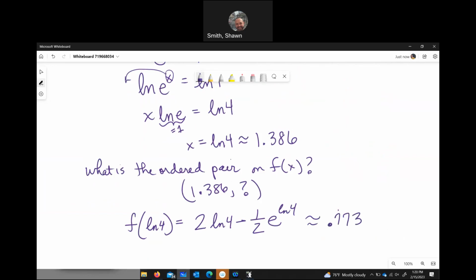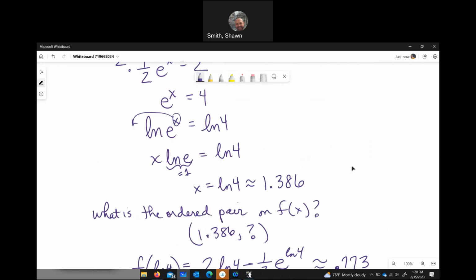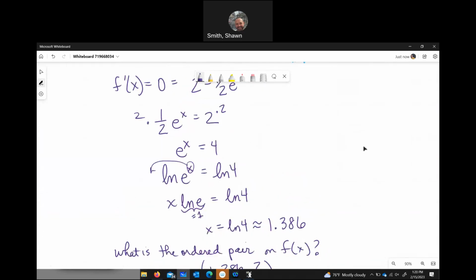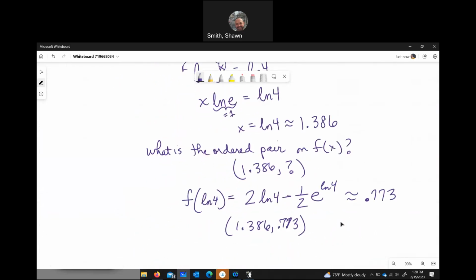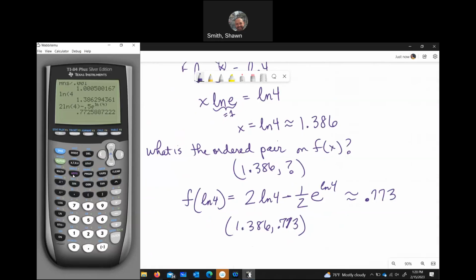Our ordered pair, 1.386 comma 0.773. And that point is on the original graph. Right? On the original graph, yes.